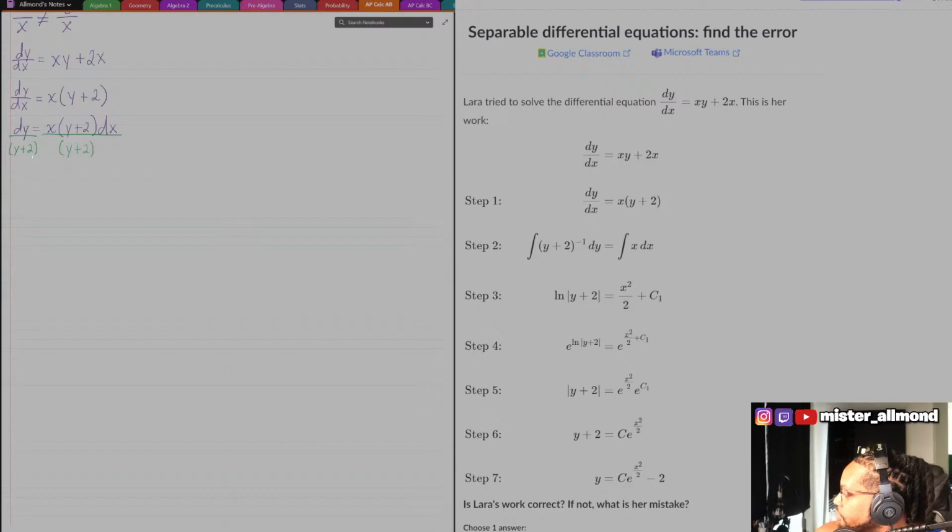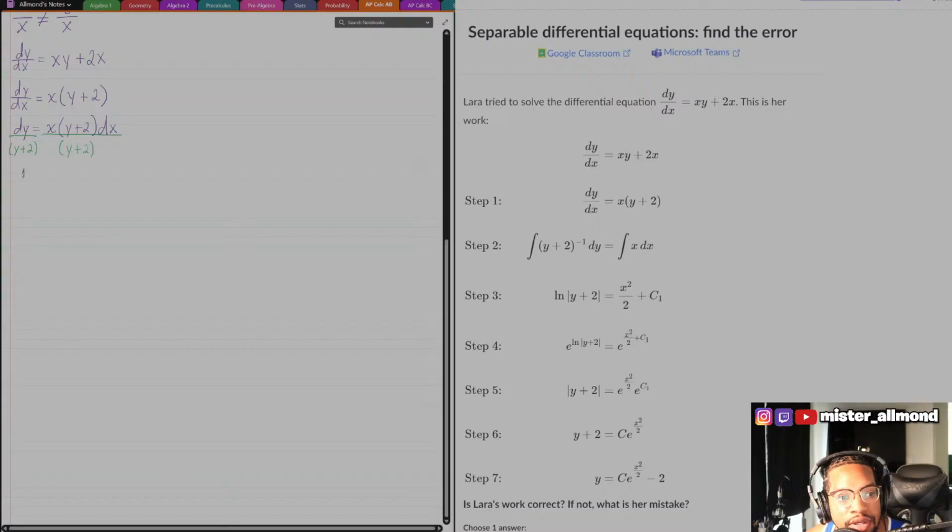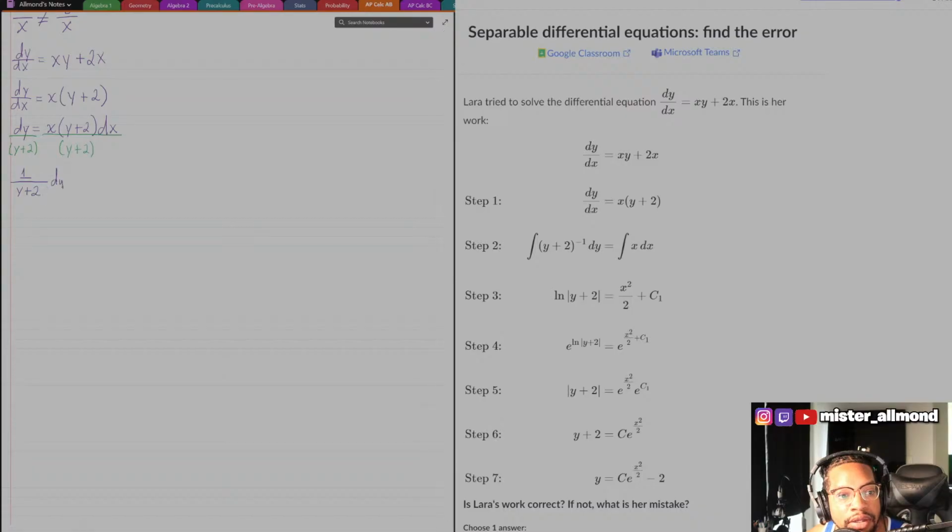So from here, let's see, I'm gonna rewrite the left side like this, watch. Instead of saying dy over y plus 2, I'm gonna just say 1 over y plus 2 dy. And that's gonna equal x dx. Reason I like to do that is because remember, when we solve differential equations, what's good, Metro?